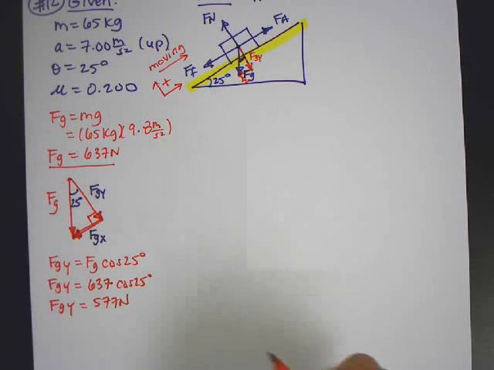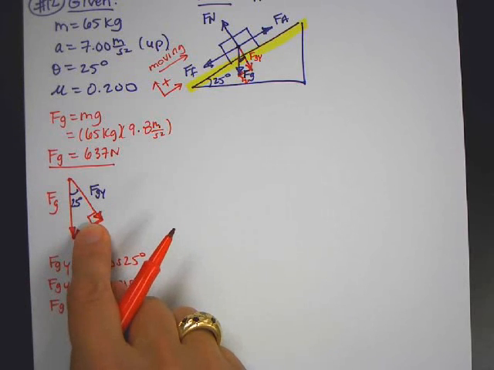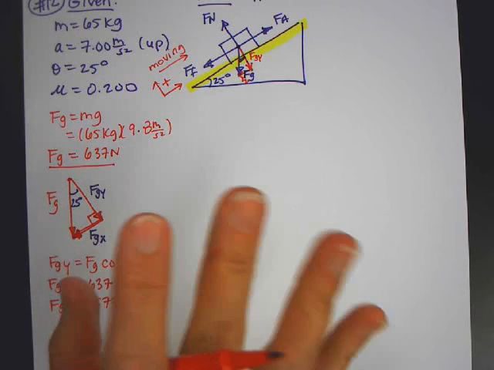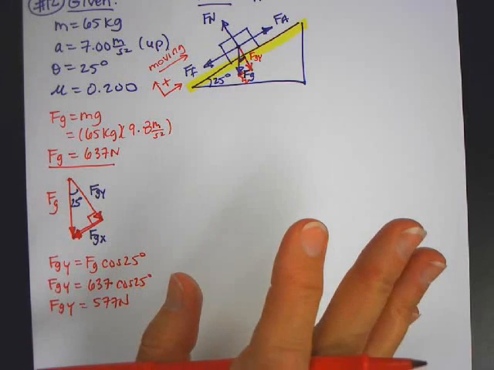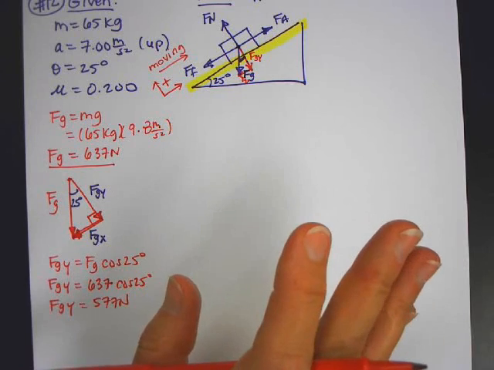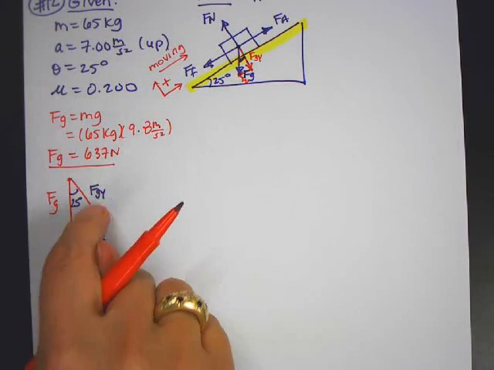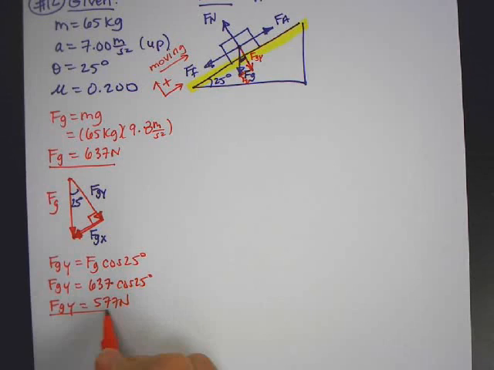This is why we don't memorize like X is cosine and Y is sine, because it depends on where the angle is. You cannot memorize that, because it's not always going to be that. It depends where the angle is given, and that's one of the mistakes people were making.